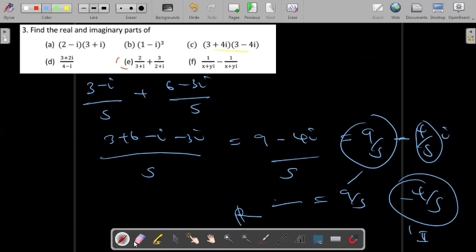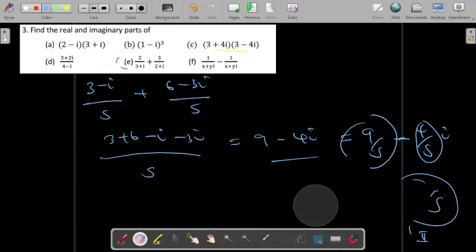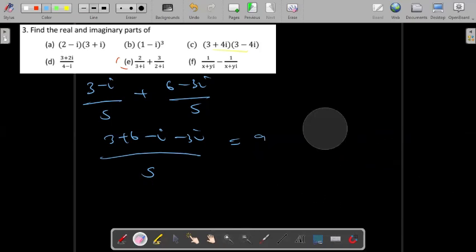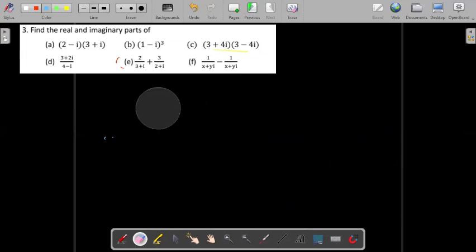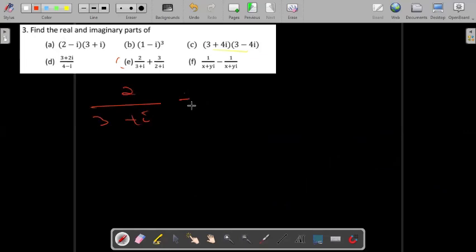So now let's see if we would get the same value if we used another approach, which is going directly and finding my common denominator, where I have this 3 plus i, plus 3 over 2 plus i.